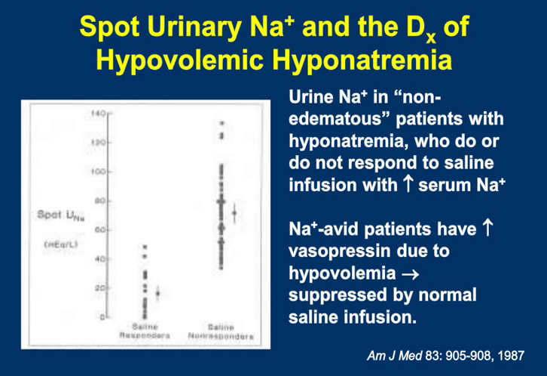The other corollary is many investigators feel that to really make a firm diagnosis of SIADH, you should cautiously give patients, if they can tolerate it, a challenge with saline to see if they do correct or do not correct, just to make sure that you're not missing somebody who may even have a high urine sodium because of inappropriate natriuresis, but really has a hypovolemic hyponatremia that gets better with saline.